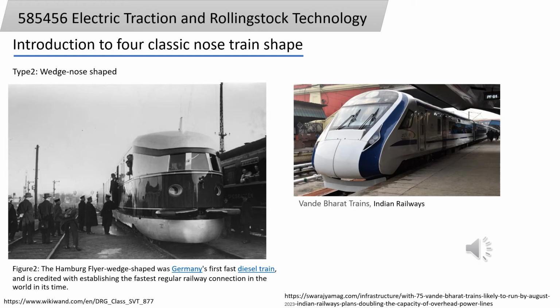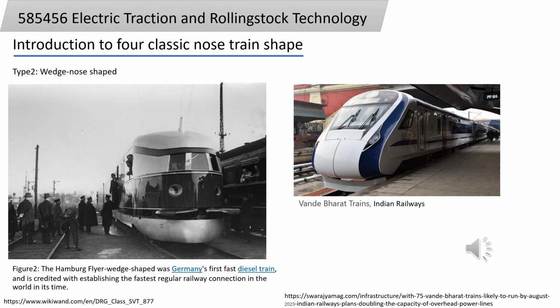The Hamburg Flying Train was Germany's first fast diesel train and is credited with operating the fastest regular railway connection in the world in its time.